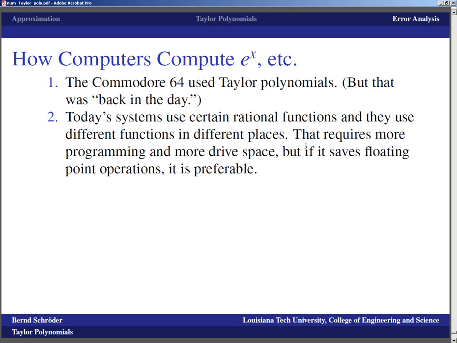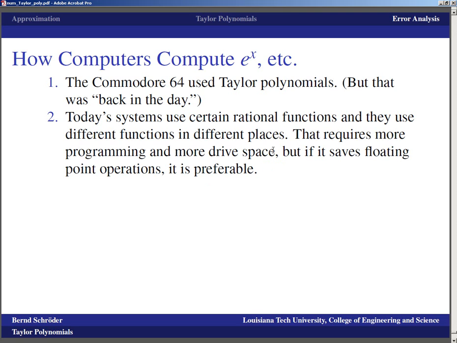The idea being that even though it requires more programming and more drive space and a case analysis, and you have to store more coefficients and so on, if you can get away with computing a function like e to the x with, say, a rational function that requires 10 operations, as opposed to a polynomial that requires 50 operations, then you need fewer processor cycles, fewer floating point operations, and that is where the speed is, right?